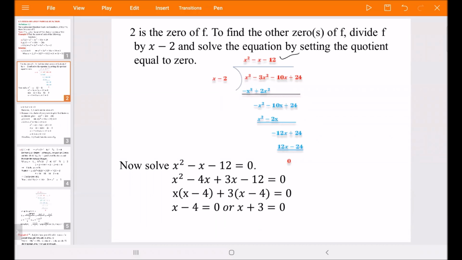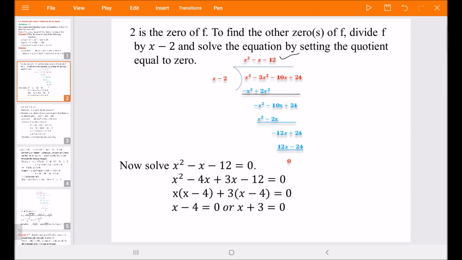So you set that equal to 0, then you can use the general quadratic formula or the factorization method to find the solution. That means x squared minus x minus 12 equals 0. From among the two methods we often use to determine the solution of a quadratic equation, one is the factorization method.